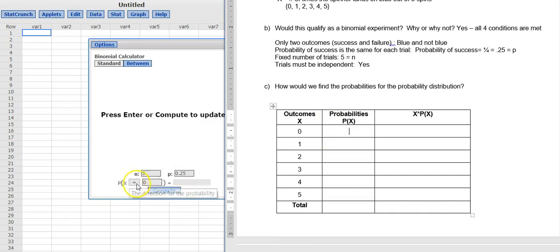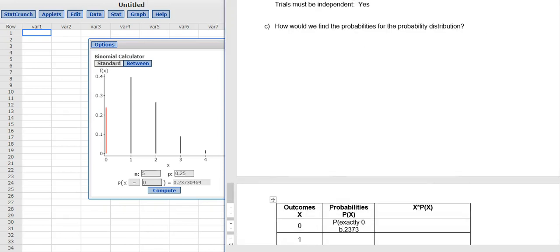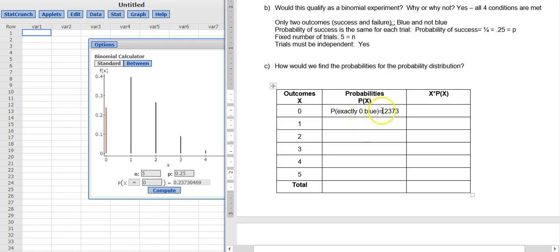For this first one, I'm going to put in x equals 0 because I just want the probability of getting exactly 0 blues. That probability, rounding it to 4 decimal places, would be 0.2373. If I wanted to write this out in words, this would be the probability of exactly 0. So our probability of getting exactly 0 blues would be this.